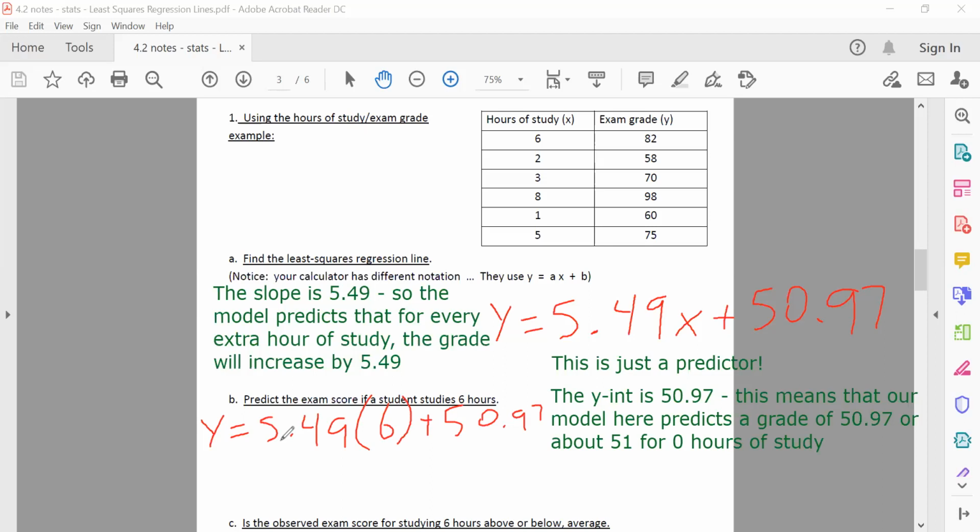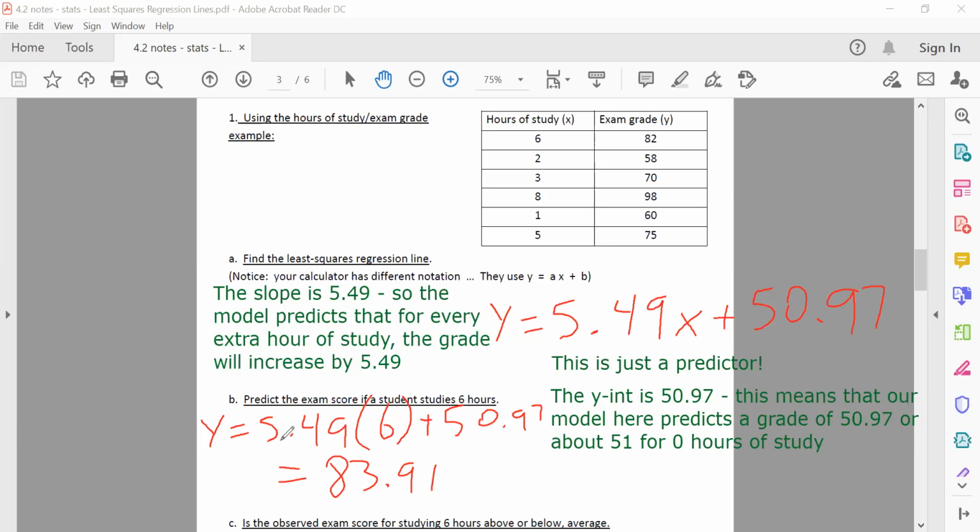You need to do 5.49 times 6. I'm going to bring out my own calculator. Plus 50.97, you get about 83.91, or about an 84. So if you were to study 6 hours, the model predicts you'll get about an 84.